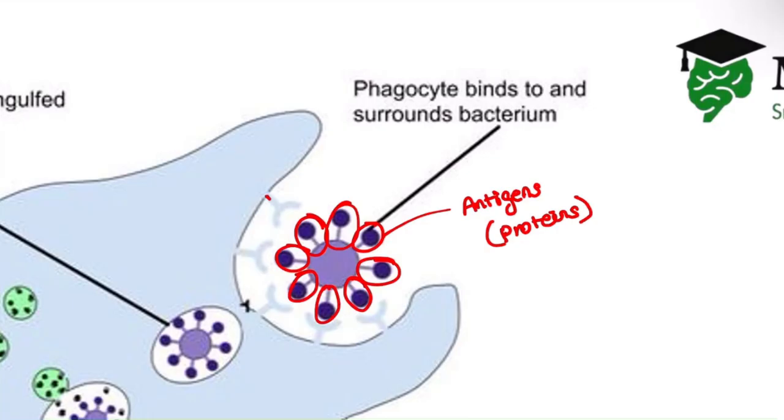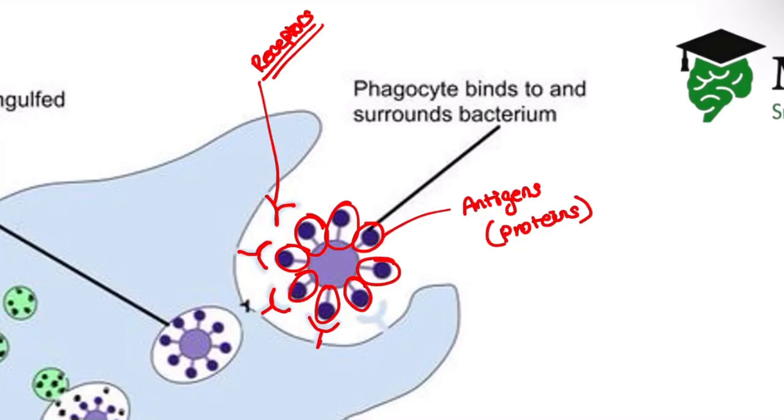These are examples of receptors on the phagocyte, and these receptors are going to bind to the antigens present on the bacterium. As you can see, this one over here has bound.